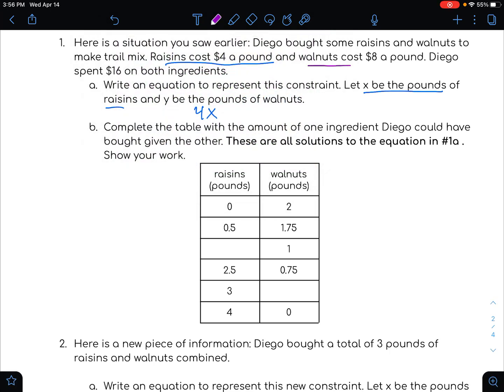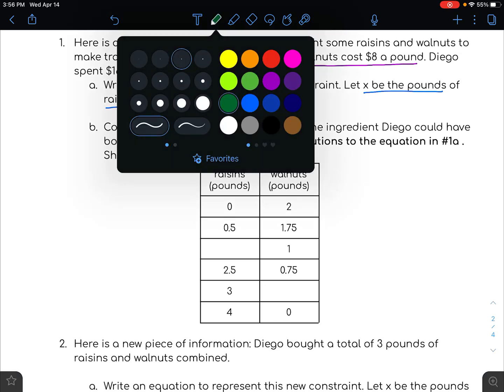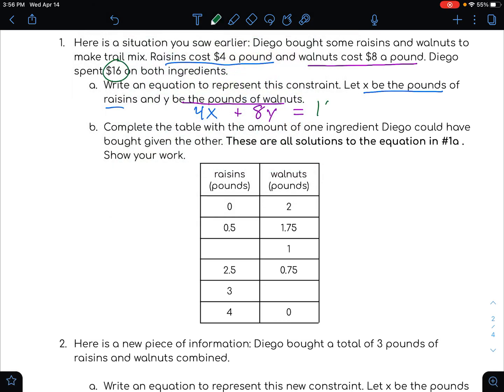And walnuts cost $8 a pound, and walnuts are our Y variable, so that's kind of like 8Y. And remember, we added them together and got a grand total of $16. So hopefully that looks a little bit familiar because we did something like that even in the formative from the last couple lessons. 4X plus 8Y equals 16 would be the standard form equation for this situation.